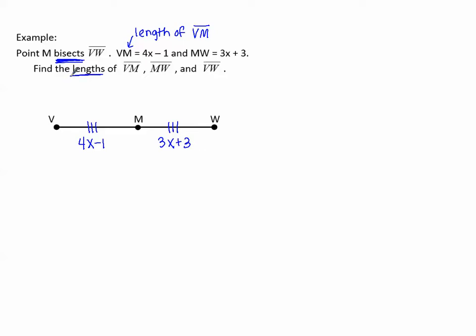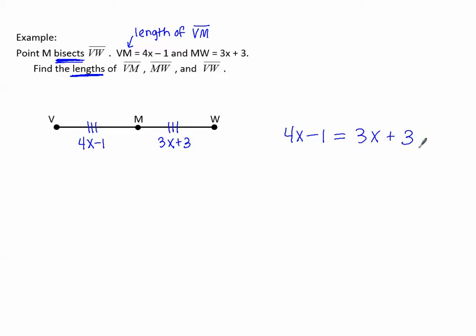Find the lengths of segment VM, segment MW, and segment VW. So using the segment addition postulate, I know that this segment plus this segment equals this entire long segment. However, because it says M bisects this long segment, I know that these two halves are congruent. Therefore, I'm going to write that 4x minus 1 equals 3x plus 3.